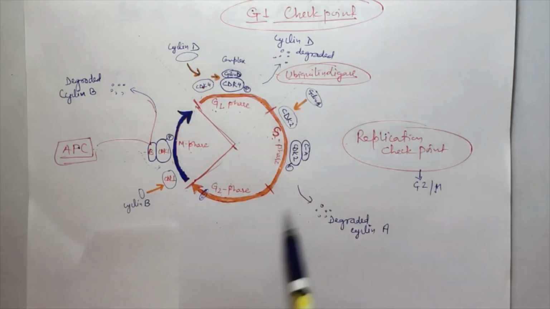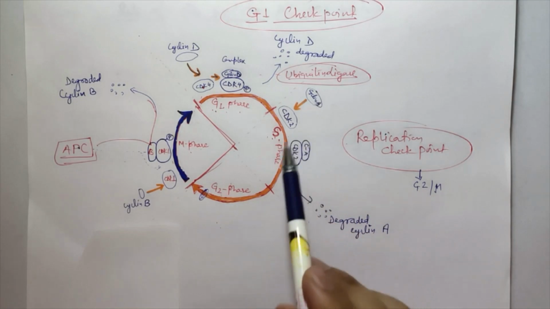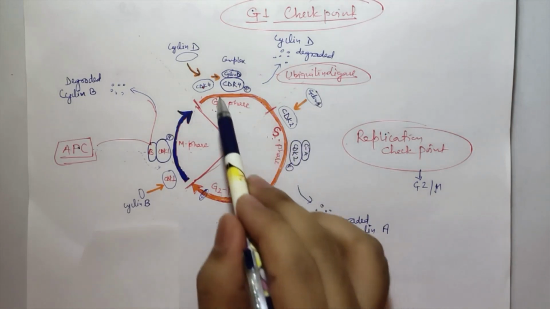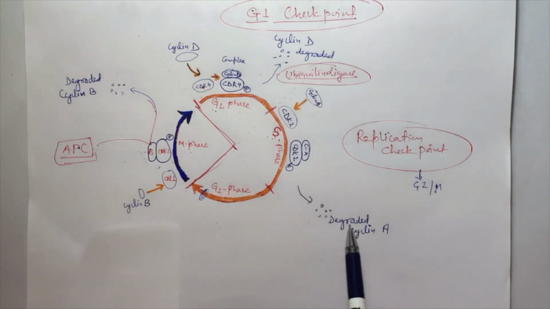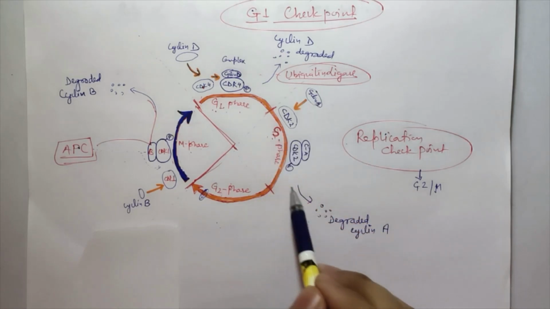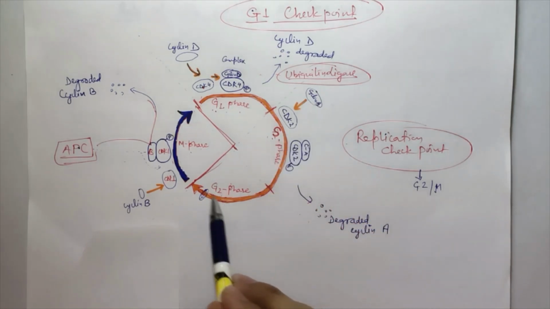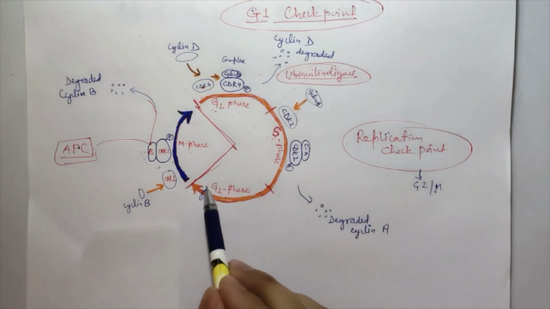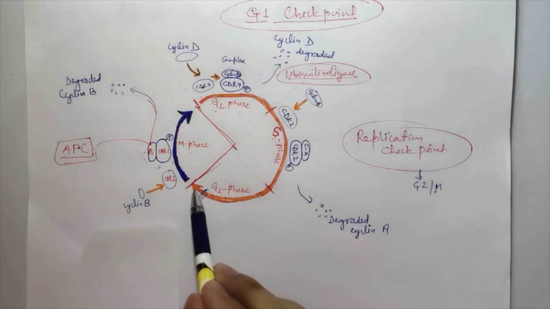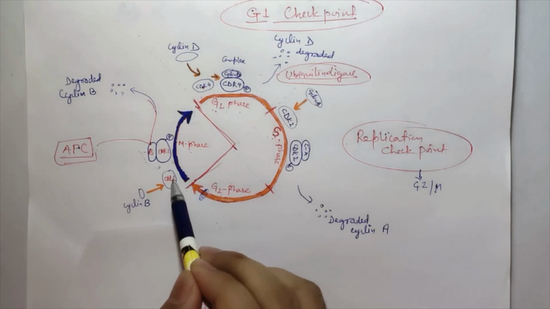But an important point from this whole process is that the entry and exit of different phases of the cell cycle is mainly regulated by the degradation and synthesis of cyclins. Here in S phase, when cyclin A is degraded, it proceeds toward G2 phase, and subsequently at this replication checkpoint at the G2M transition, when it allows entry into M phase, another cyclin, cyclin B, is synthesized.